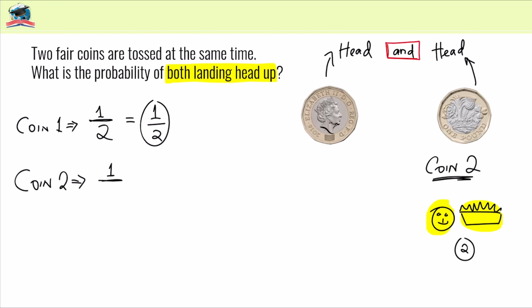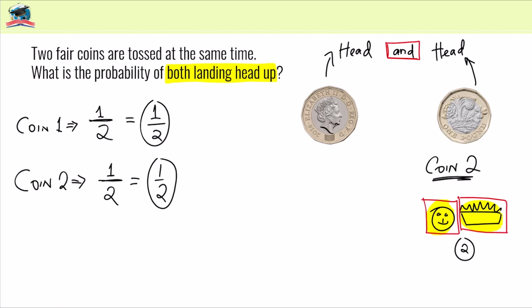So our probability will be 1/2. We can't simplify this further. So for coin two, it's going to be 1/2.